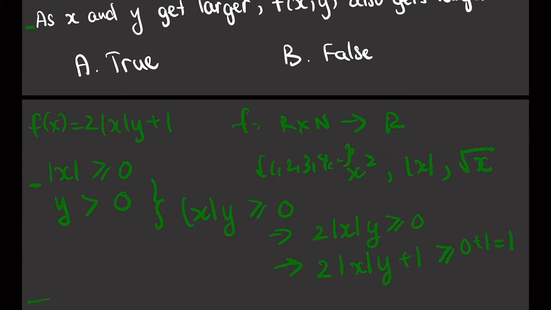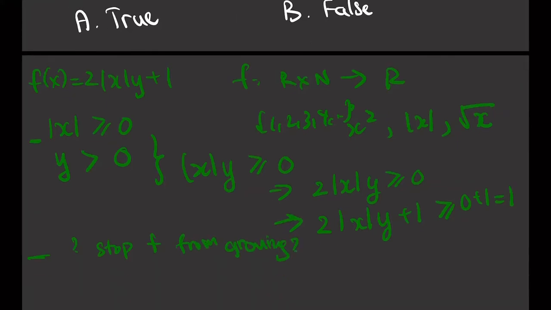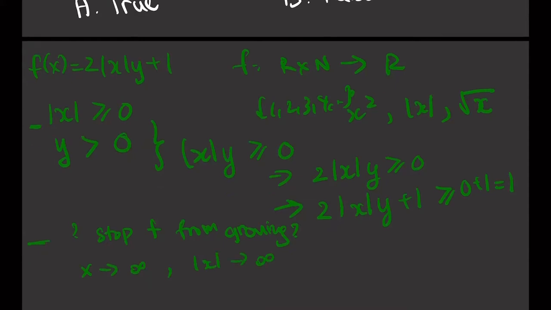How about a maximum? I will think about if there is something to stop f from growing. Right, so as x goes to infinity, absolute value of x also goes to infinity. As y goes to infinity, the value of y will get larger and larger, right?